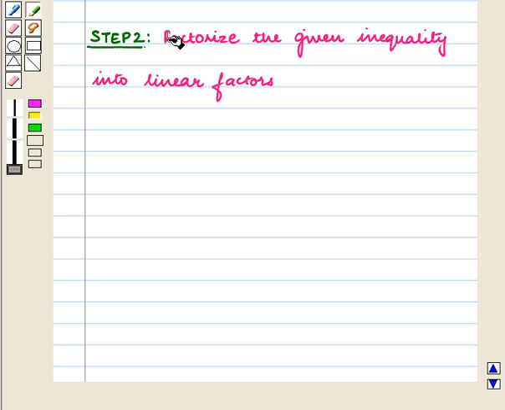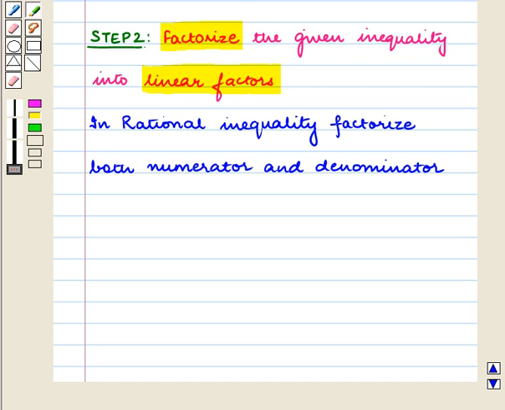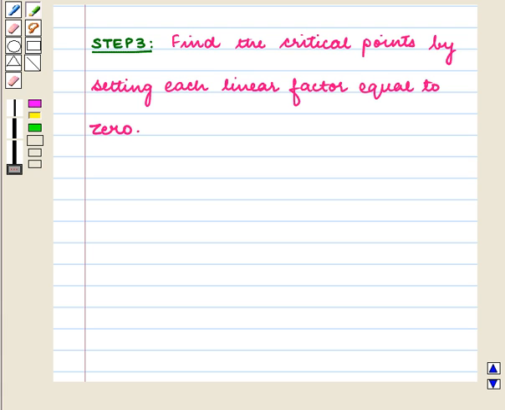Step 2 is to factorize the given inequality into linear factors. In a rational inequality, factorize both numerator and denominator. Step 3 is to find the critical points by setting each linear factor equal to 0.